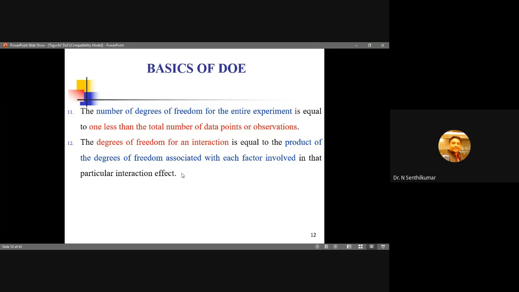Similarly, cutting speed, feed rate, each and everything is being varied by 3 levels. So cutting speed, 3 levels. So degrees of freedom for cutting speed is 3 minus 1, 2. Similarly, for feed rate, 3 level values. So degrees of freedom for feed rate is equal to 3 minus 1, which is equal to 2.